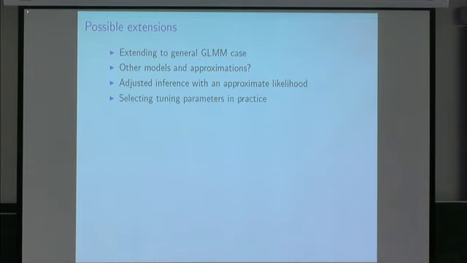And finally, something I think is very interesting, something already mentioned a bit in this Ising model example, is when you have, instead of a single approximation to the likelihood, a whole family of approximations. And what you would like to do is to choose between those approximations to do the inference. So you want to find an approximation which gives you statistically valid inference but doesn't cost you more than is actually necessary, as, for example, when I was choosing that parameter k in the Ising model example.